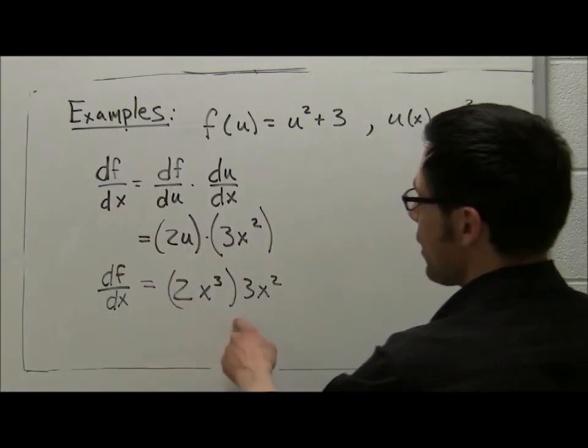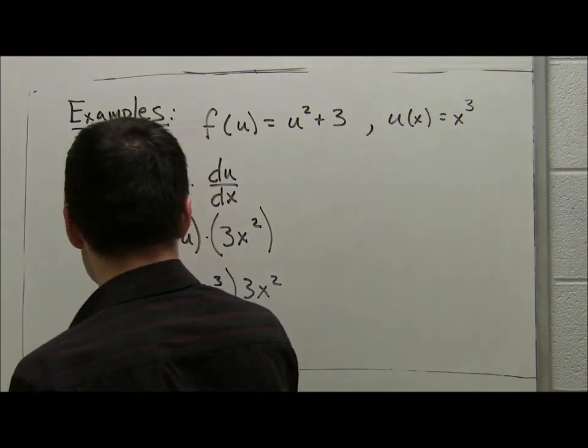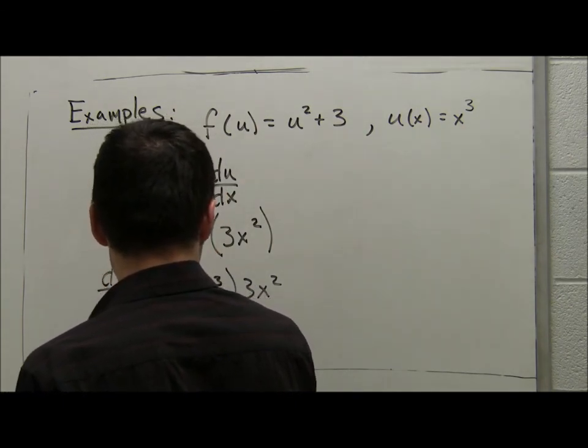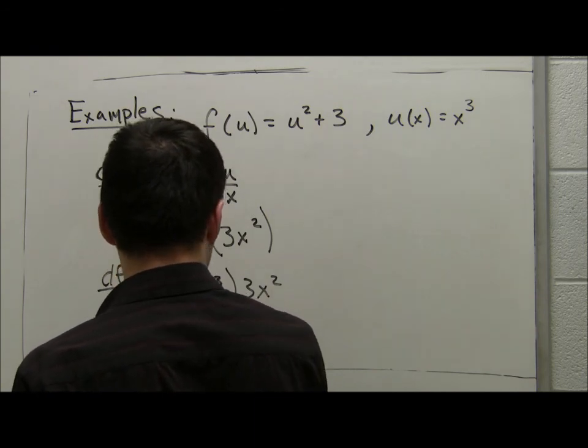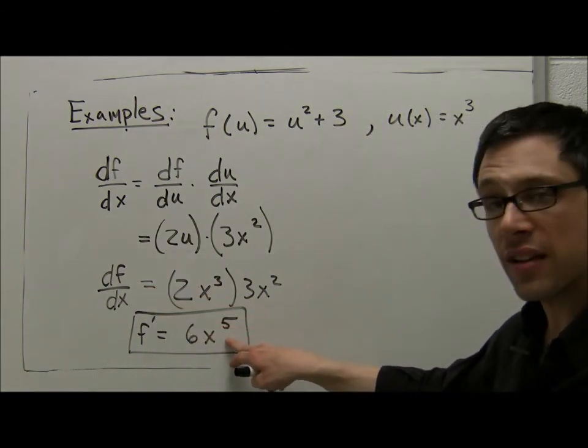So df dx is this quantity, and I could simplify this a bit. So f prime with respect to x is going to be 6x to the 5th power. And that is the derivative of f with respect to x.